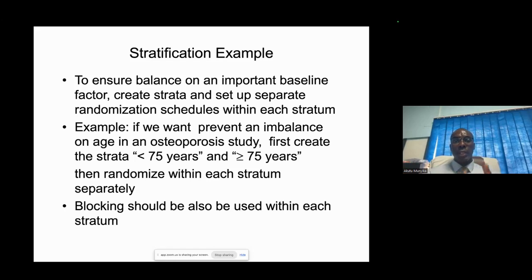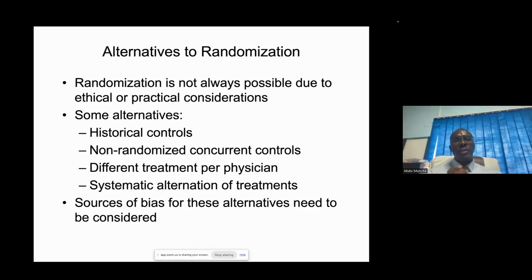Then you randomize within each stratum. By doing that, you will get a better way of randomization and reduce the bias of the risk factor of age. Blocking should also be used within each stratum in this case.